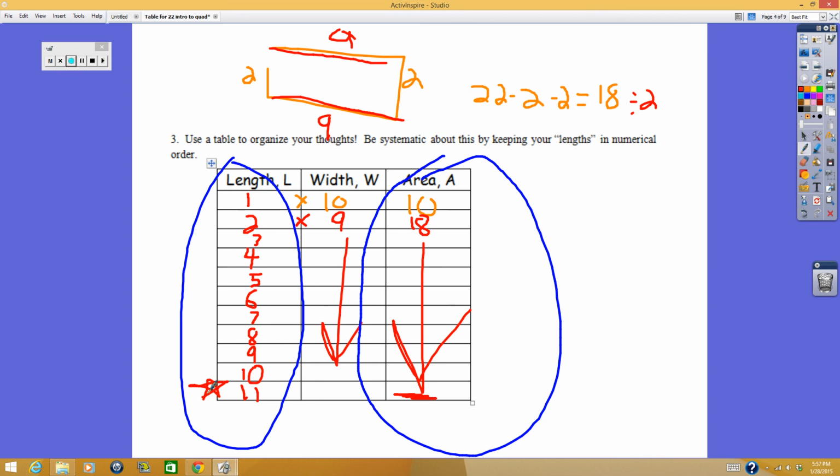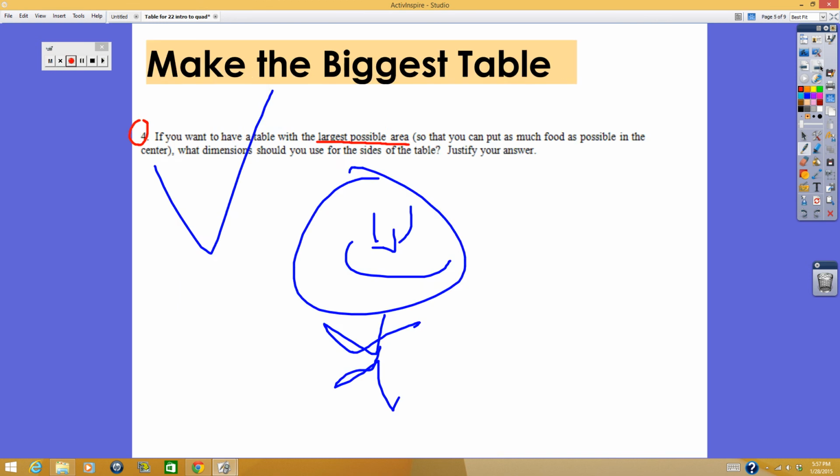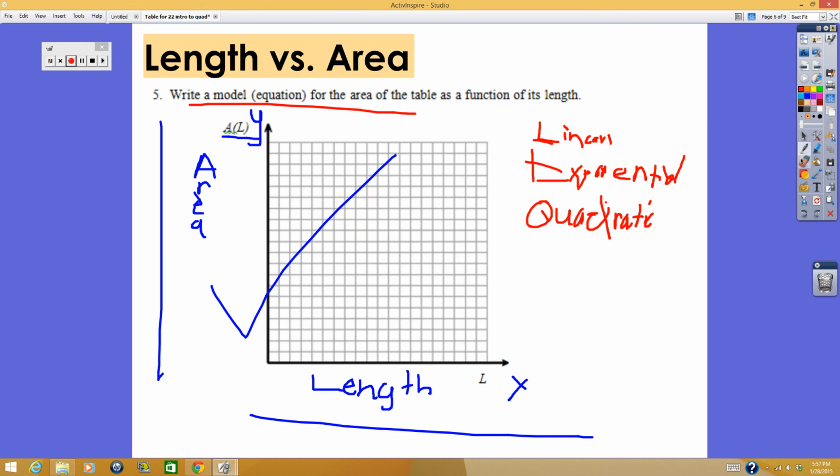Alright, I'm going to tell you you don't need to graph this last one, and we'll get into a little debate about that the next time I see you guys. But for the length, you need to get up to 10, okay? For your x's. I'm going to tell you I've already counted these squares. Sorry, I need to erase that. I've already counted these squares, and I know there's 20 of them.